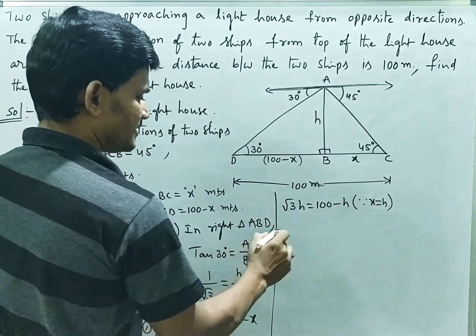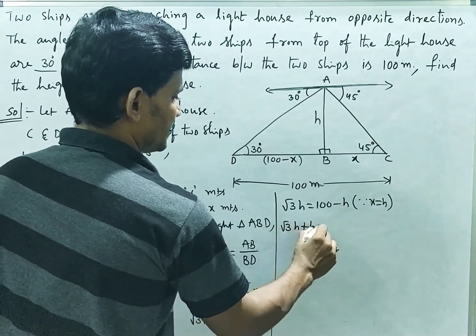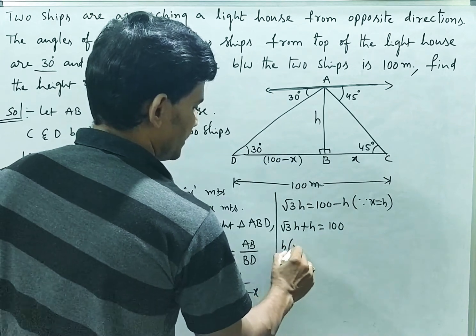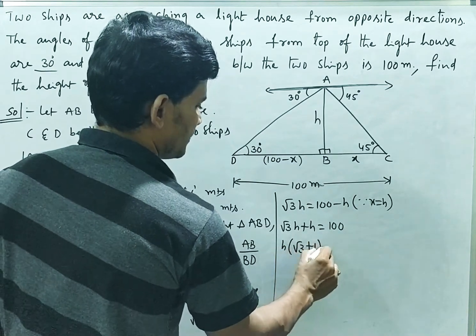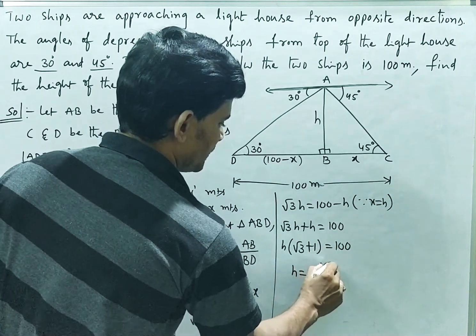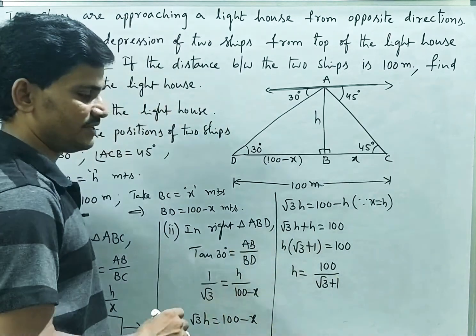Bring the h to the LHS, that is root 3 h plus h is equal to 100. Take h common, h into root 3 plus 1 is equal to 100. h is equal to 100 by root 3 plus 1. The denominator is irrational.